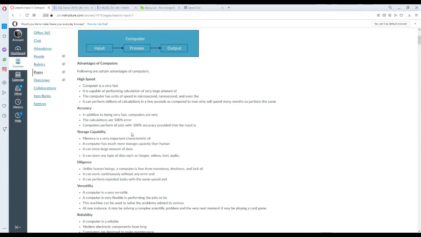It is very accurate. Calculations are 100% error-free. Computers perform all jobs with 100% accuracy, provided that the input is correct.